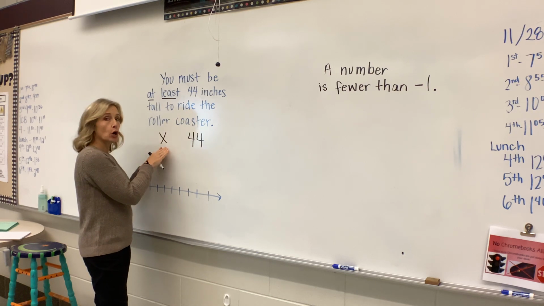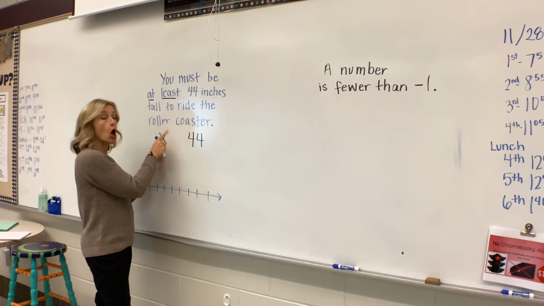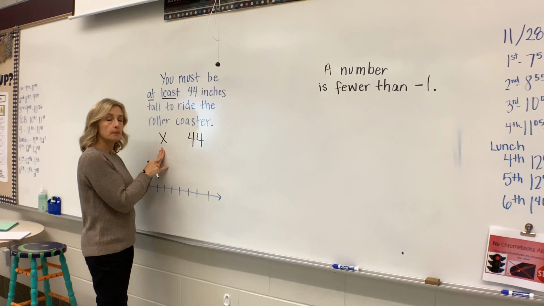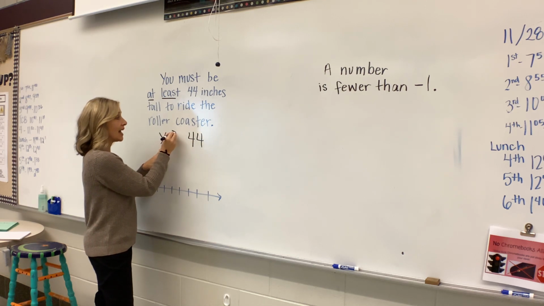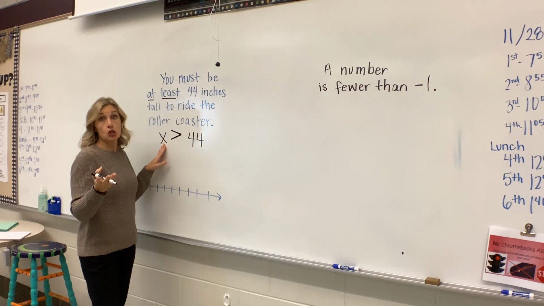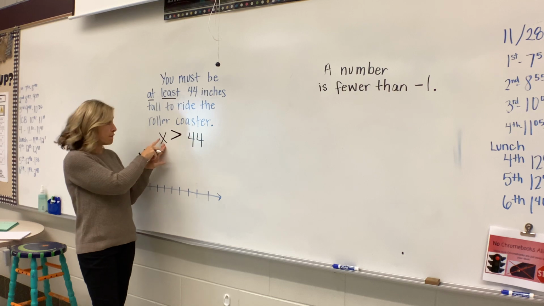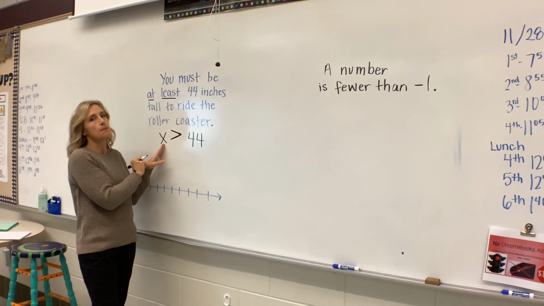So can the person be taller or bigger height than 44? Yes, they can. Since x can be greater, right? Like if you're 50 inches tall, you're going to be allowed to ride. 50 is greater than 44.